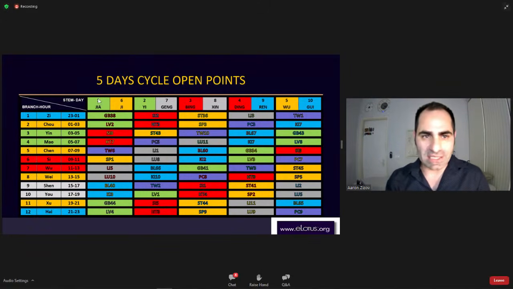So according to the stem, let me just make this spotlight again. So if we have the Jia or G, these are the stem of the day. We can see different calculations online, it's very easy to see which stem and branch are for this day. So the stem will be considered for the day, and the branch is for the hour.